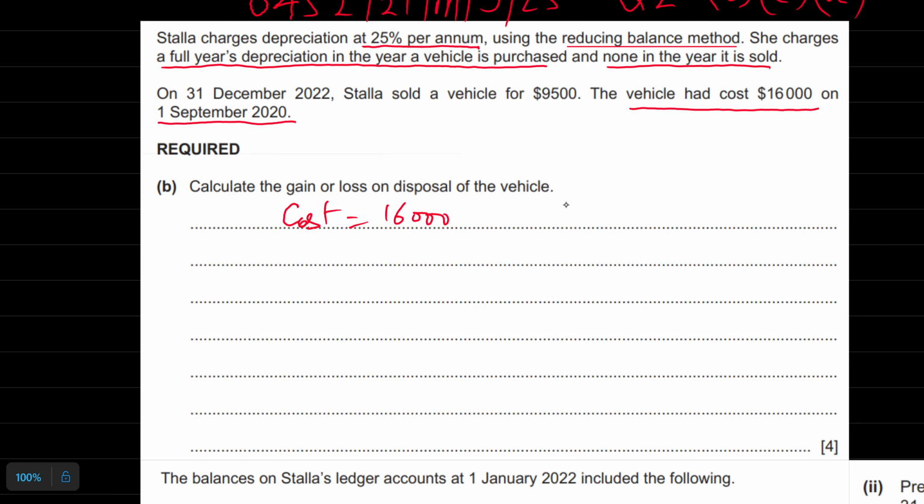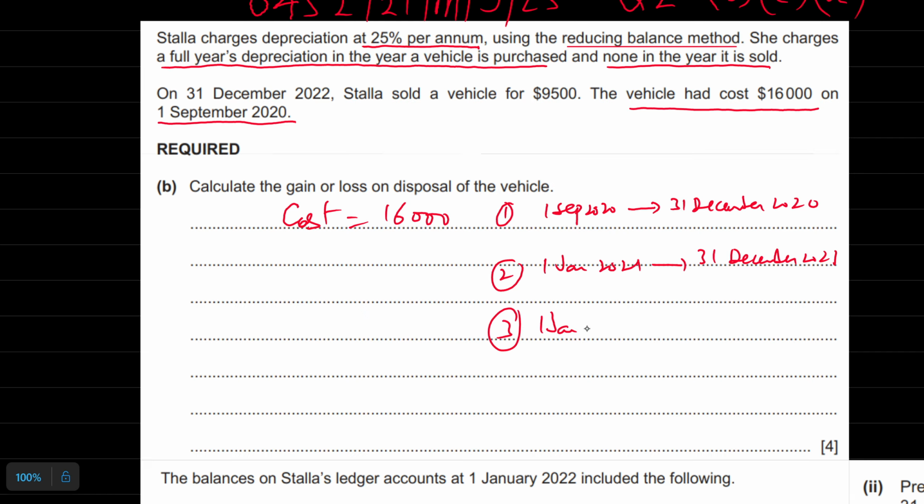So we used it for 4 months, 1st September 2020 to 31st December 2020 in year 1, and year 2 from 1st January 2021 to 31st December 2021, and year 3 from 1st Jan 2022 to 31st December 2022.